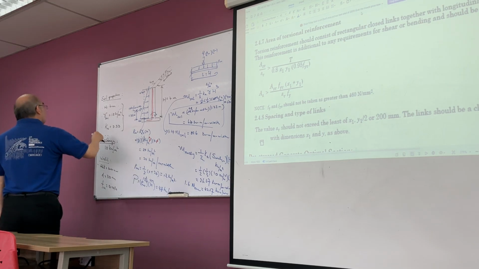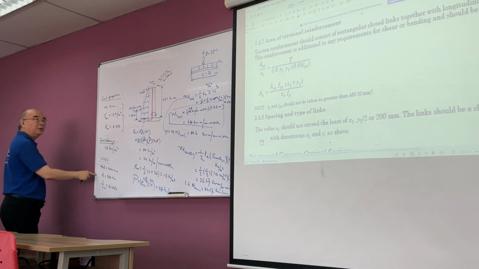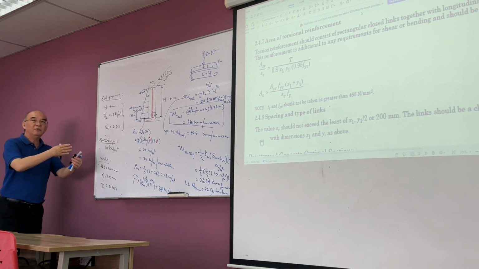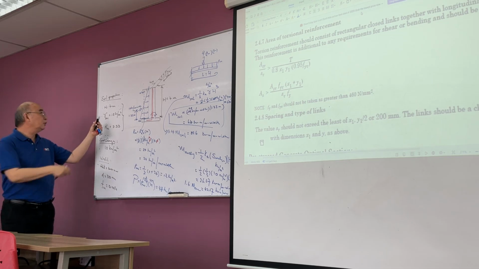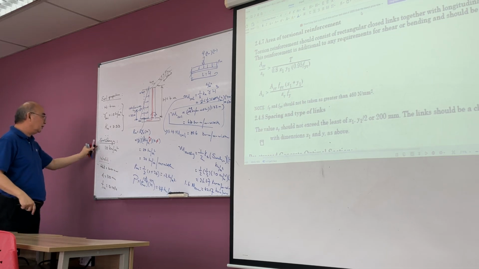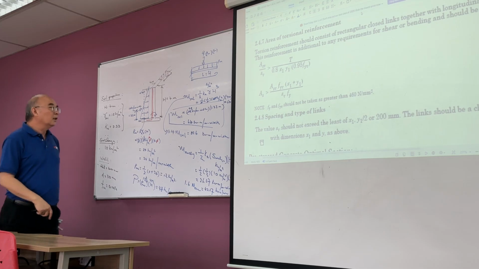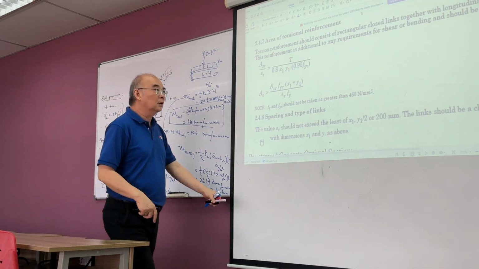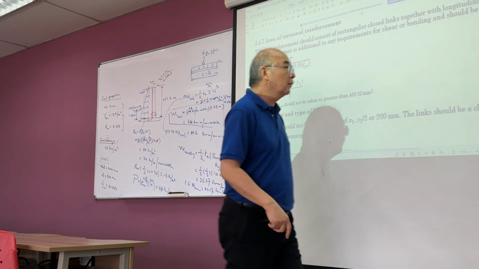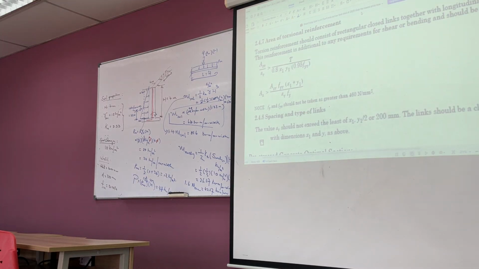This is the data that will be given to you, but it's given in sentences. So you need to summarize it, like soil properties or surcharge, wall, right? Then get your ultimate moment is 1.4 M soil plus 1.6 M surcharge. M soil is 1/6 of K gamma H cubed, and M surcharge is 1/2 of K S H squared.